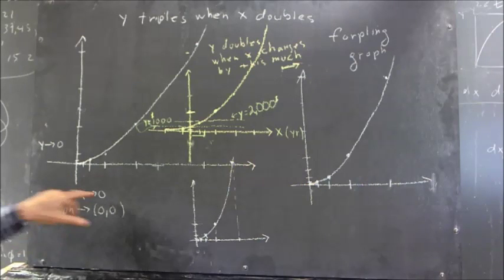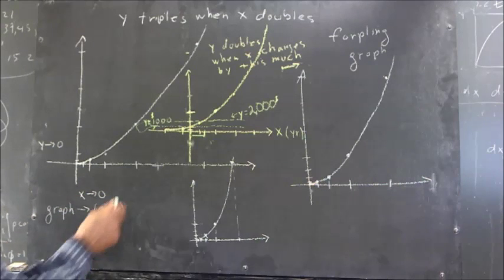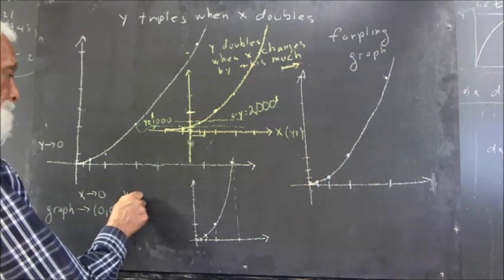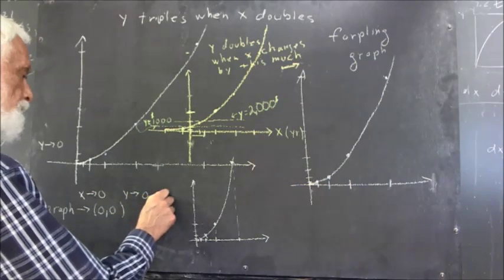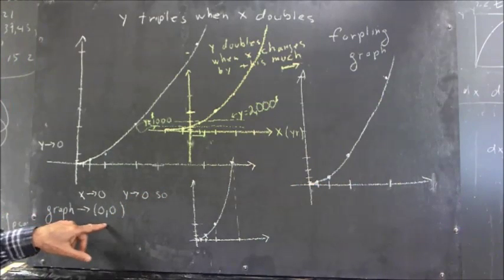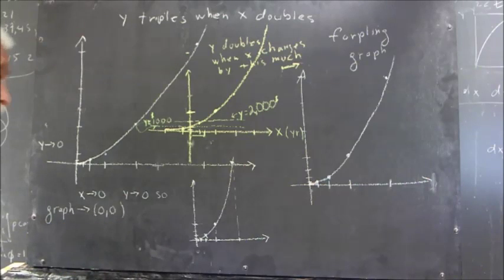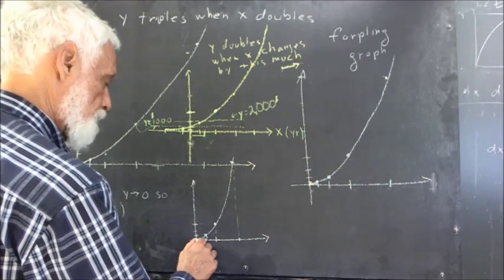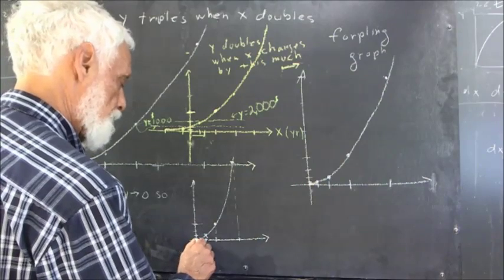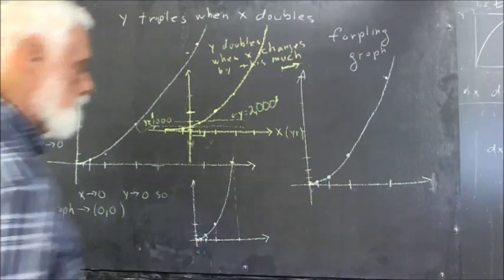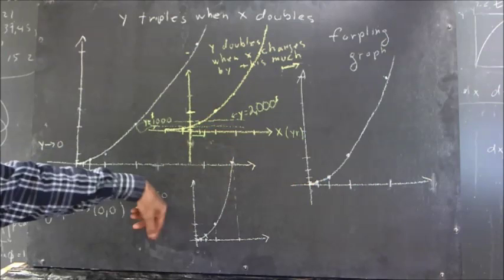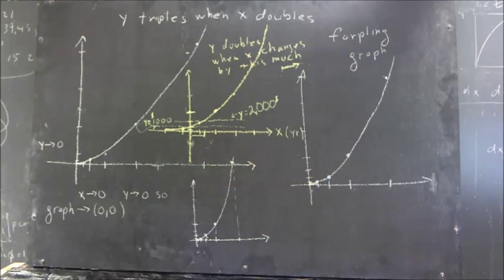So I'm going to say x approaches 0, y approaches 0. So the graph is going to approach the point 0, 0. So it makes very good sense to include the point 0, 0 on the graph. So I can start the graph at the origin and pick it up where I had it. And the graph goes all the way back to the origin, and it makes perfect sense to do so.